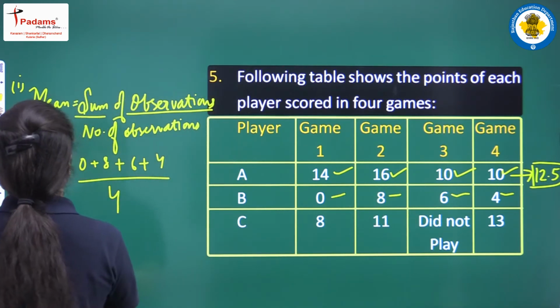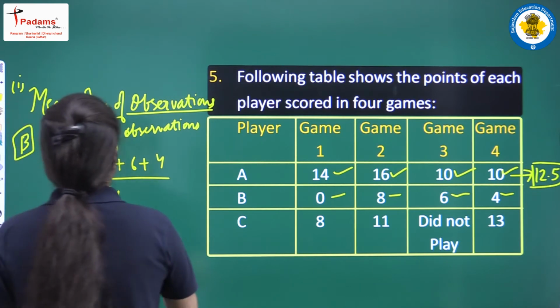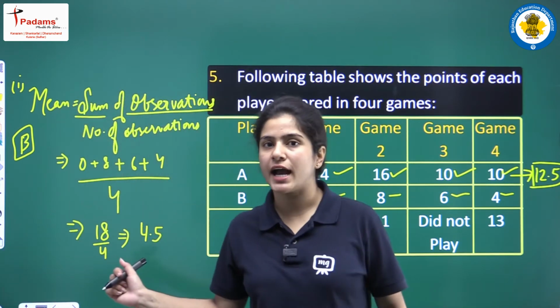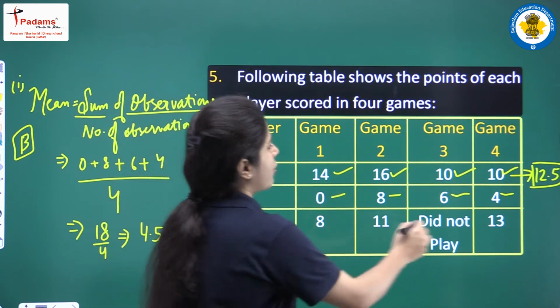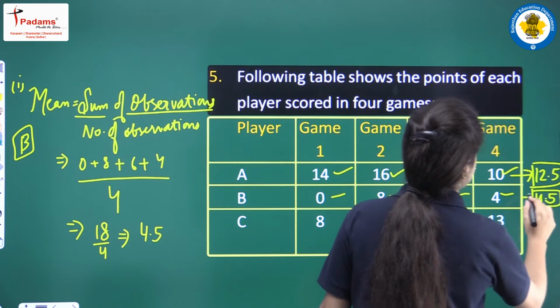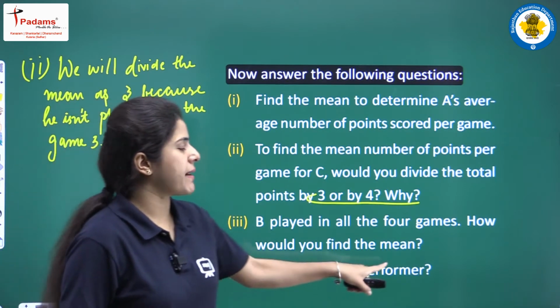So 18 divided by 4 is 4.5. Okay students, 4.5 is your answer. Alright students, so what is the average score of B? That is 4.5.